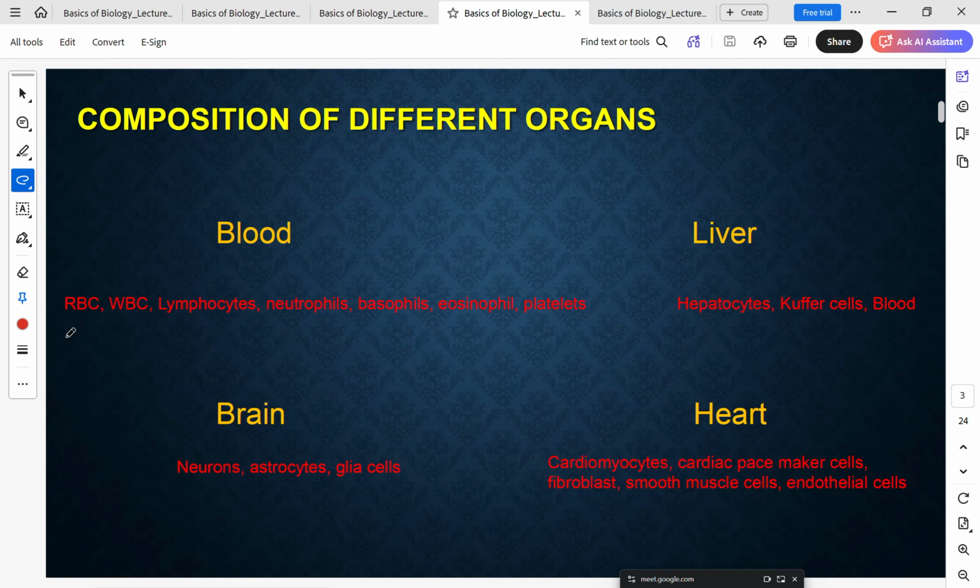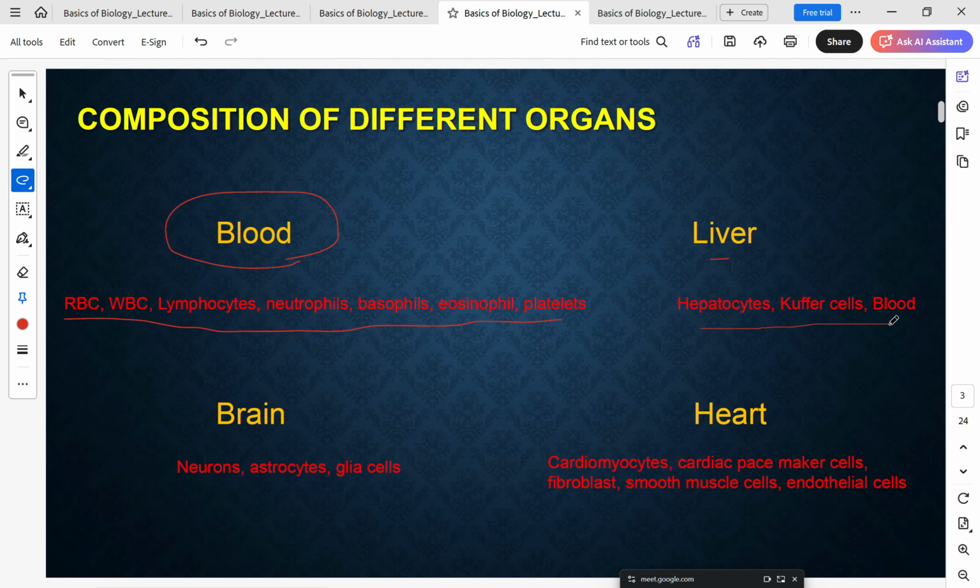Because the organ systems are different, they are composed of different cell types: RBCs, WBCs, lymphocytes, neutrophils, basophils, eosinophils, platelets. All of this makes up the blood compartment of the body.